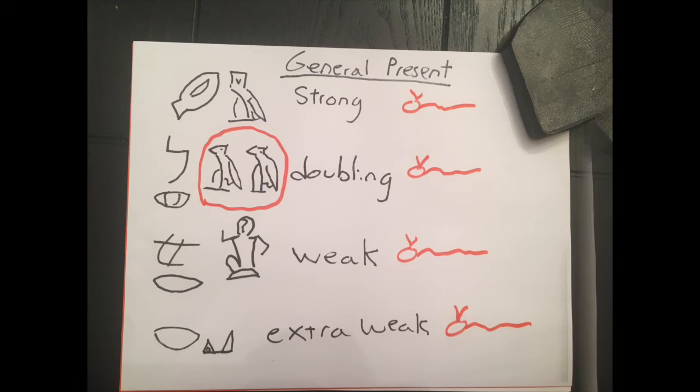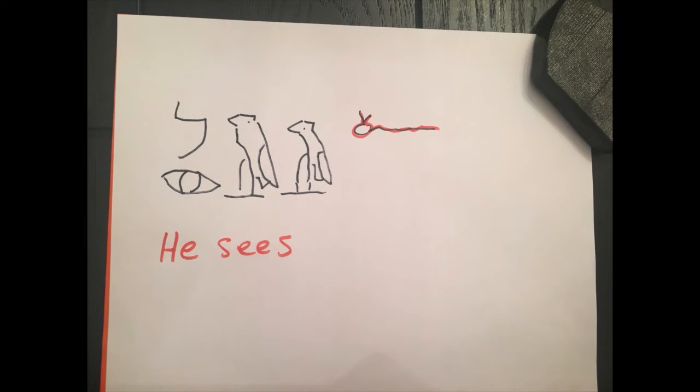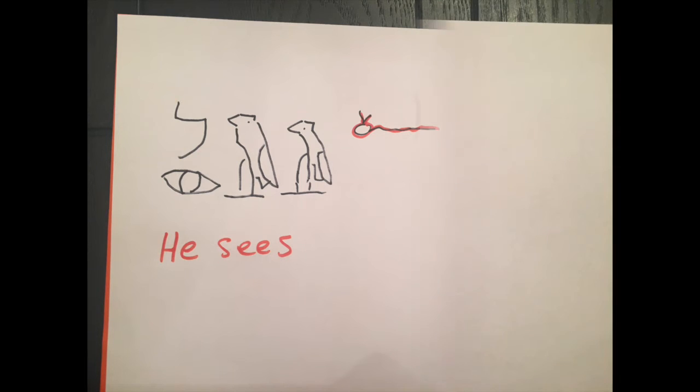Otherwise, you'll use the context of the paragraph. So here we have the verb for see, ama, and it's followed by the suffix pronoun he, the horned viper pronounced f. So this would be pronounced ama, f, ama, f.